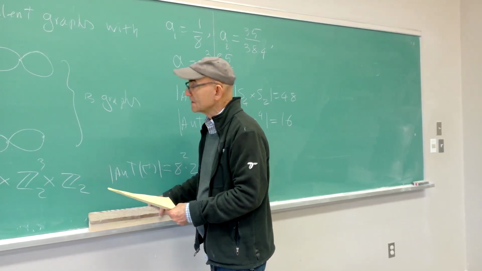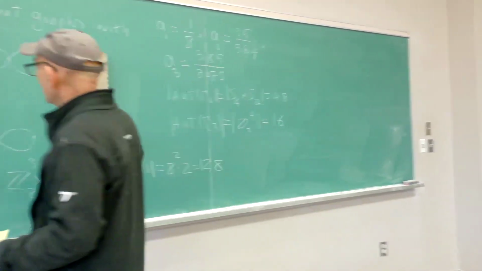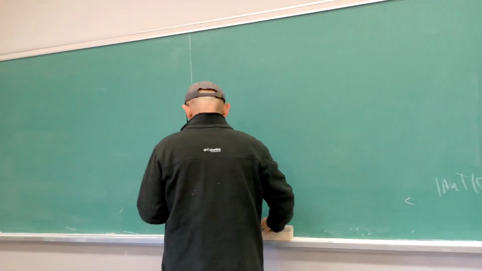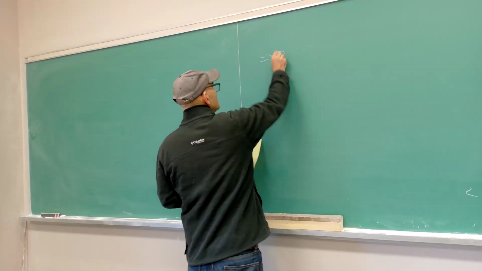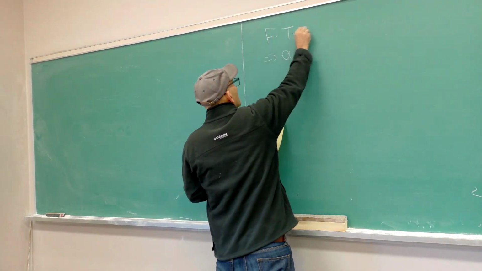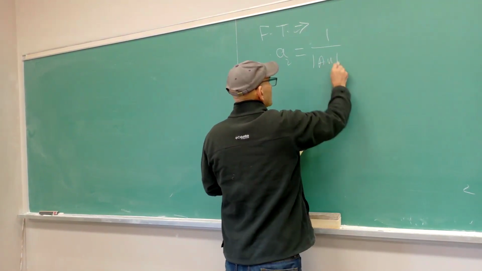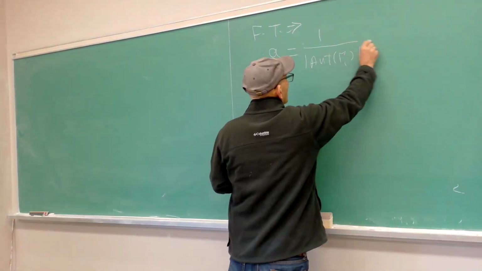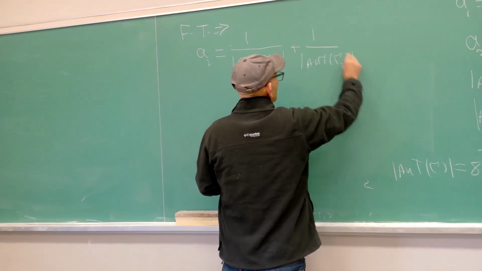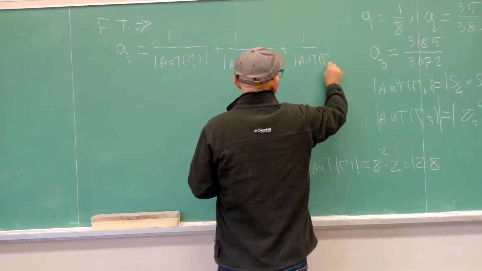Okay, so now what is A2 then? According to Feynman's theorem, we write this. So it follows that A2 is equal to, actually Feynman's theorem tells us, A2 is equal to 1 over order of Aut gamma 1 plus 1 over order of Aut gamma 2 plus 1 over order of Aut gamma 3, right?